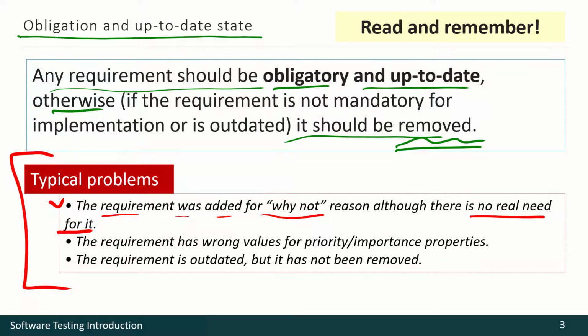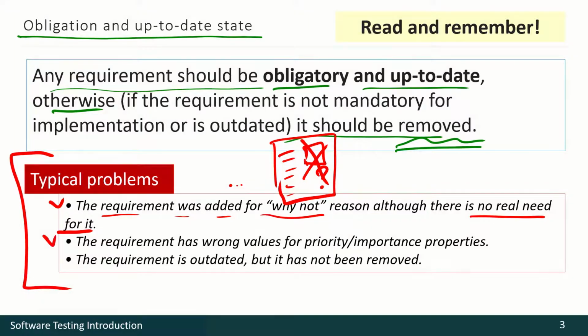For example, imagine some customer representative for whom we are developing a text editor asks, "Why not implement a video player inside our editor?" Okay, we can do anything with your money, but is it really necessary here? Maybe a video player inside a text editor is not a good idea.